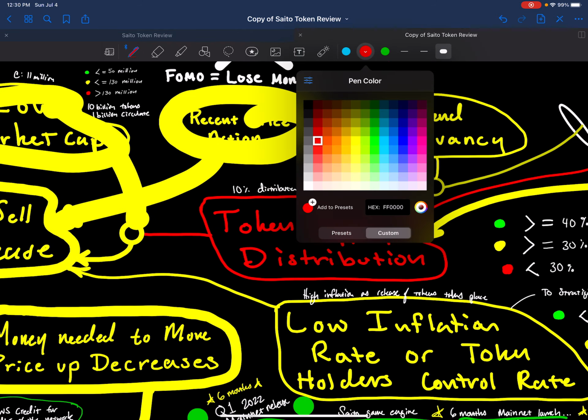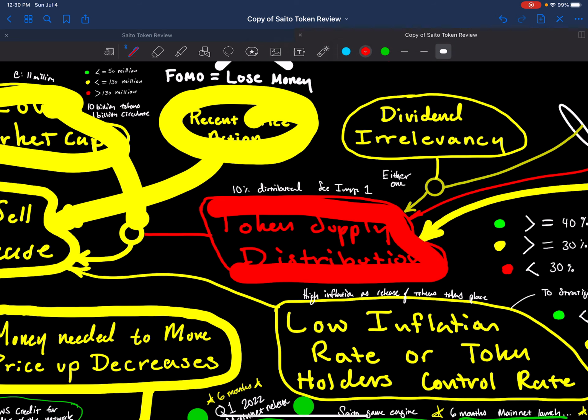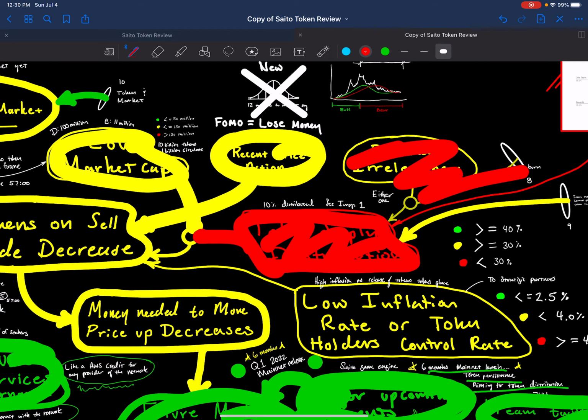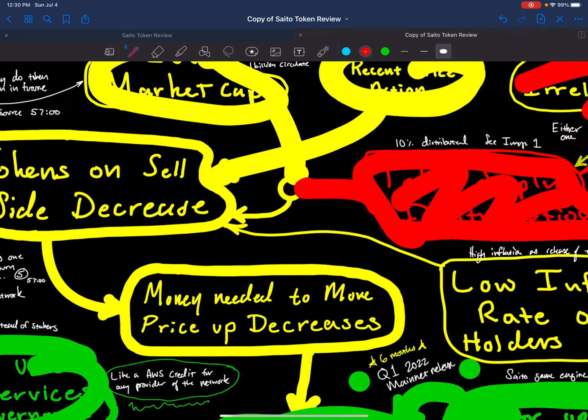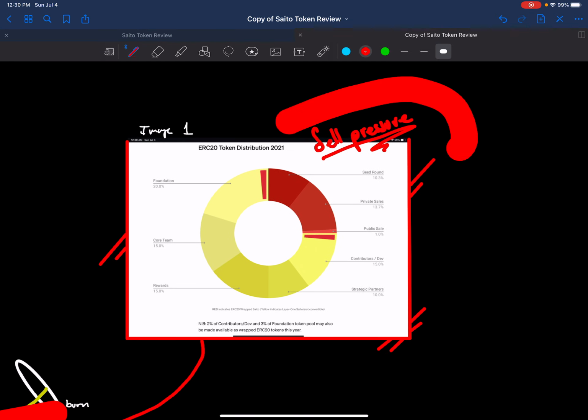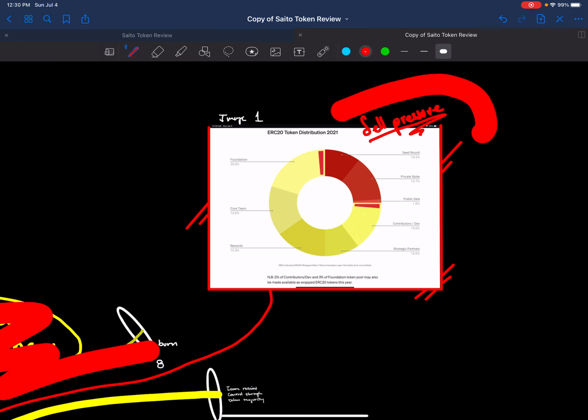Token supply distribution is pretty terrible. Only 10% of the tokens are distributed. So the token distribution is probably going to bring some sell pressure. That's why this thing went like this, and now it's just kind of floating down, and it might keep doing that.